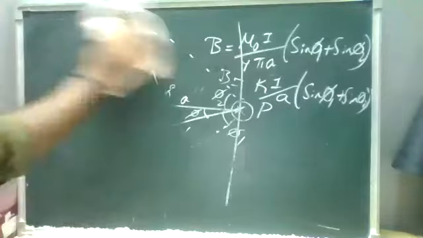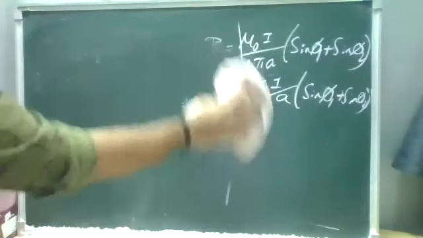Use Biot-Savart law to obtain an expression for the magnetic field at the center of a coil bent in the form of a square of side 2A carrying current I.